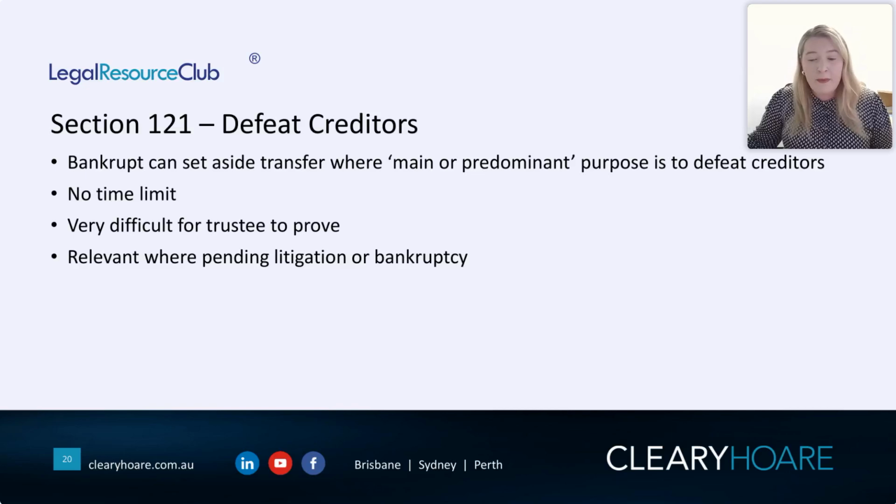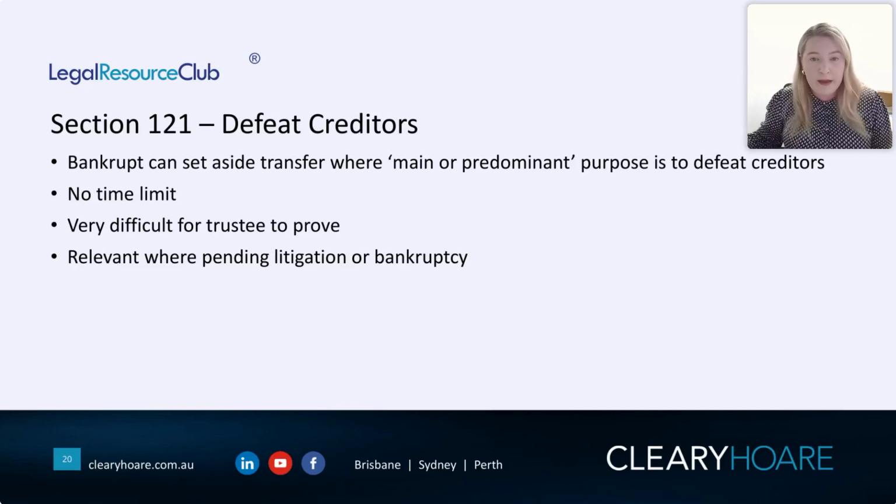If that had already happened, or if a person was already being sued and they came to us looking to put some asset protection work in place, we would have to say to them, you can do it, but the very real risk for you is that the trustee in bankruptcy will apply this section to say that you only entered into this structure to try and defeat this creditor, so very likely to be unwound if they were to end up going bankrupt.